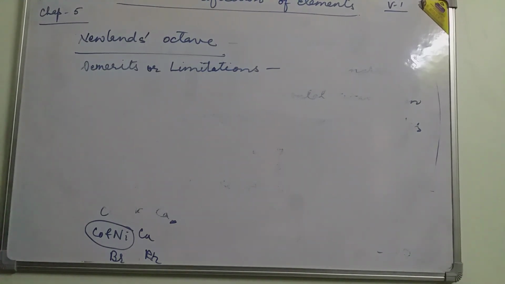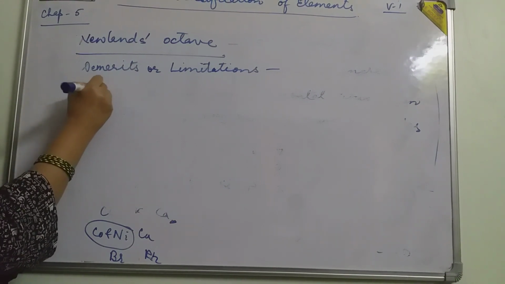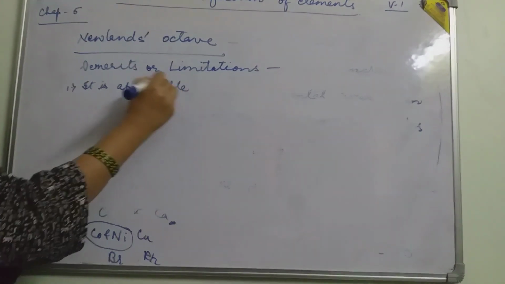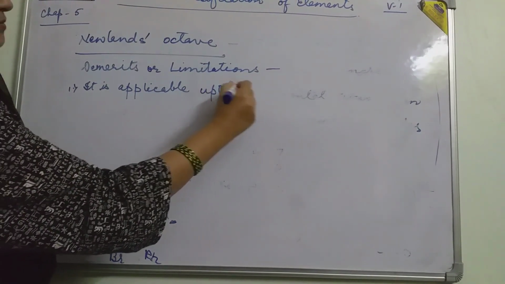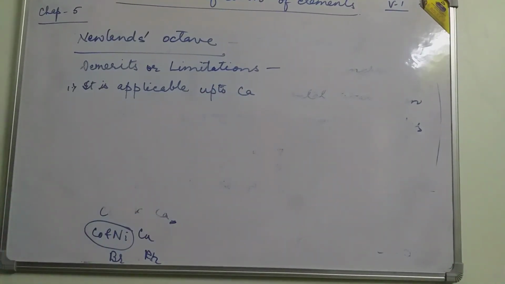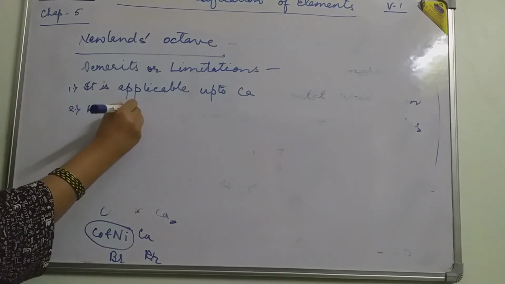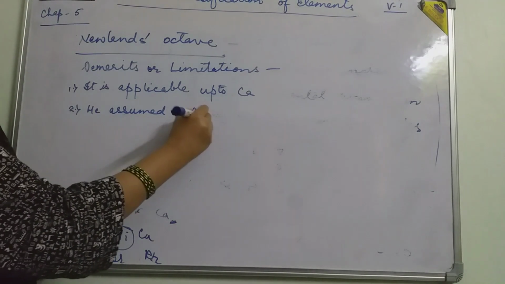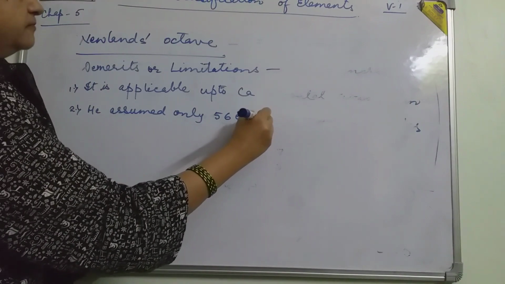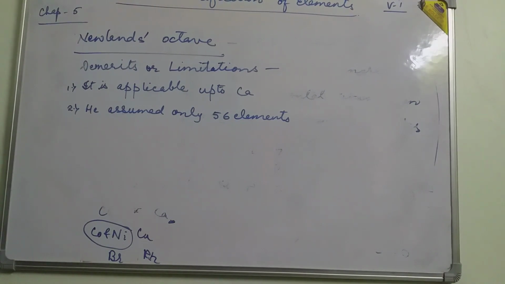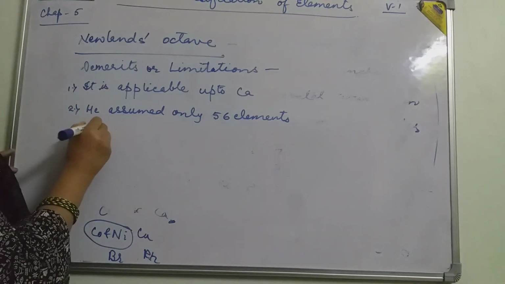First is, it is applicable up to calcium. Second one is, he assumed only 56 elements existed in nature.